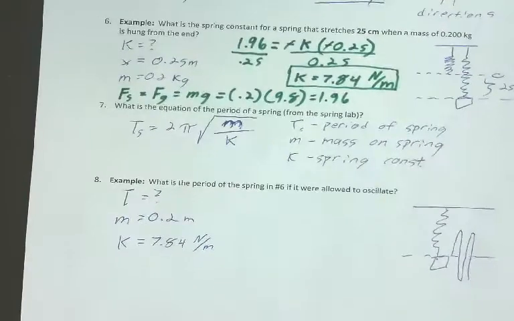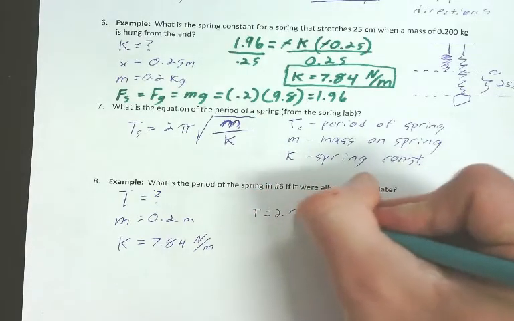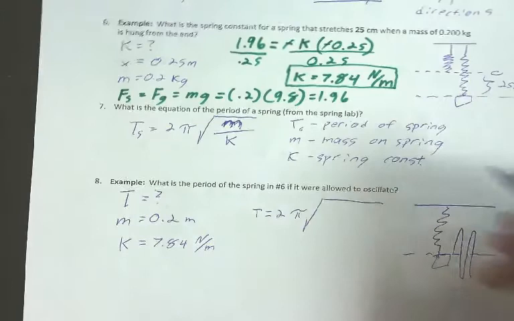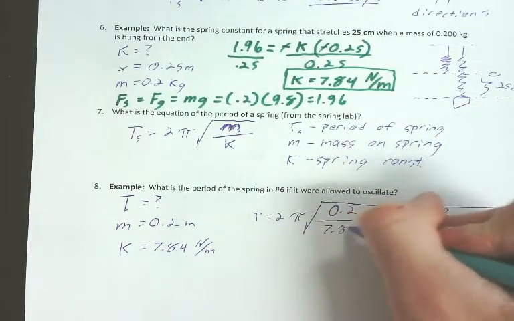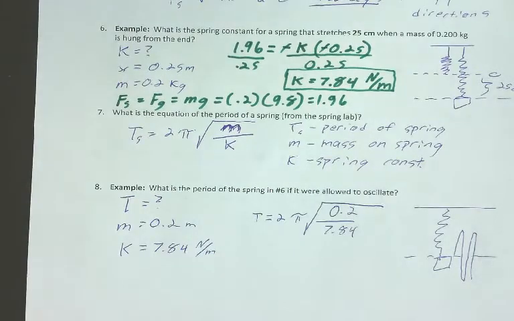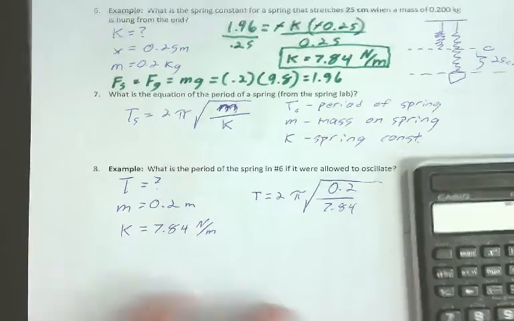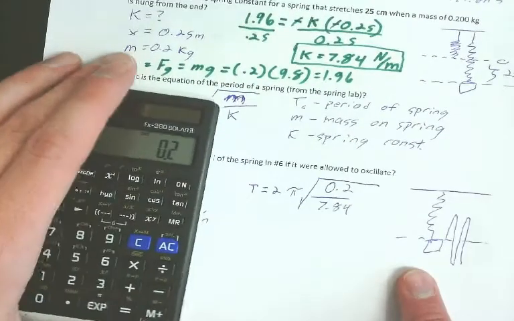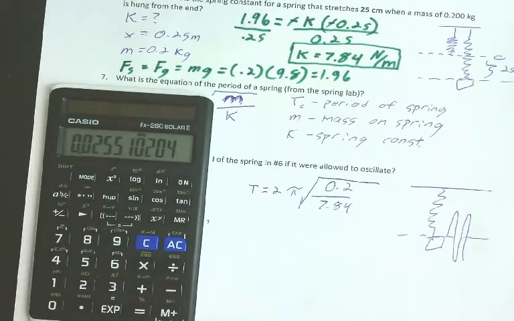So plug into the equation. Period is equal to 2 pi times the square root of m over k. To solve this, I don't need to do any funky squaring things. All I've got to do is do the numbers. So 0.2 divided by 7.84 gives me 0.0255.